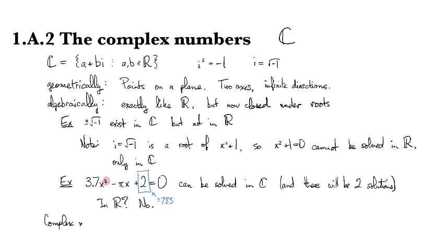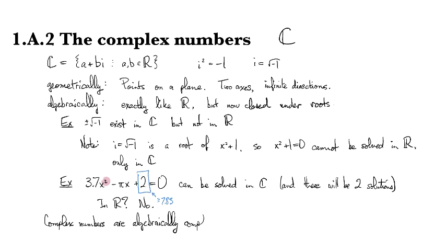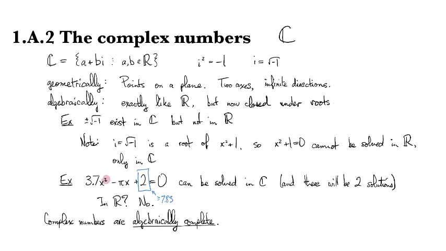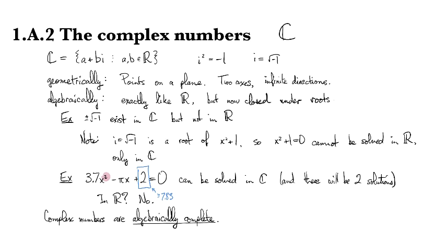The complex numbers form a system that we say is algebraically complete. And that just means that roots of polynomials are in the set.